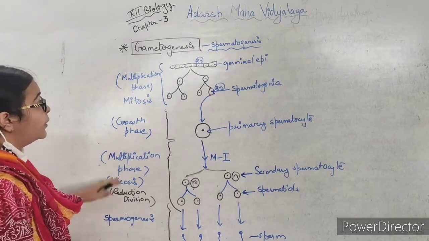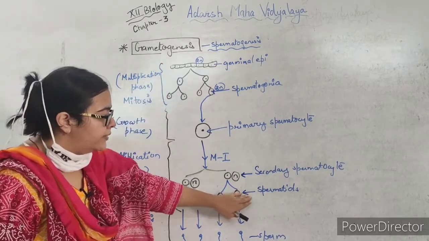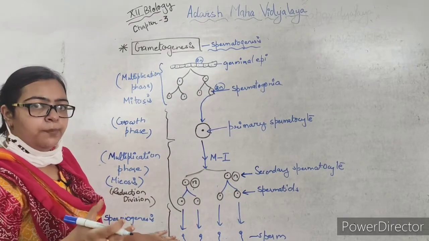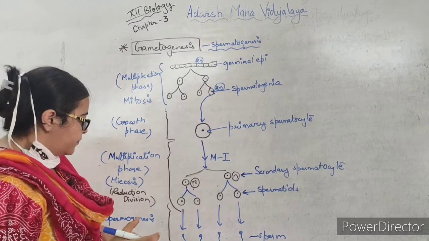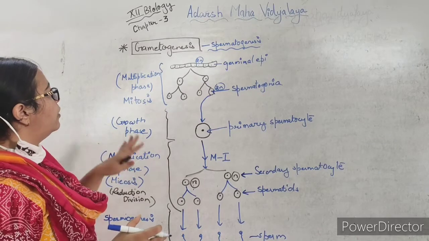Don't confuse it with spermatogenesis. Spermatogenesis is the production of spermatids, and after that when they acquire the typical structure of sperm, this process is called spermiogenesis.